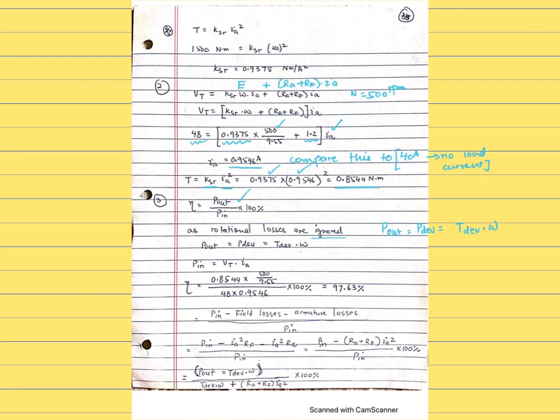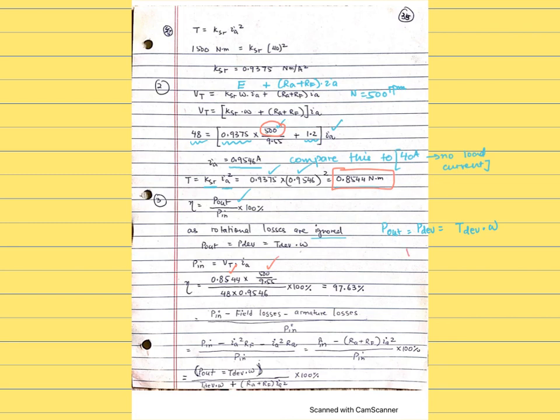T developed is what we have calculated here. Let's use this color pen to grab what we need. Since that's the torque developed at the speed of 500 RPM, that will be the speed going in. So you have T, 0.8544, and there's the speed, divided by the input power.